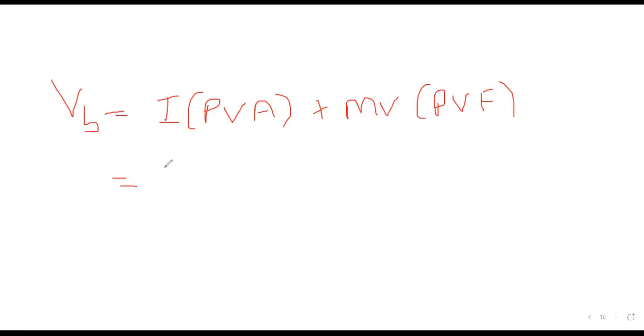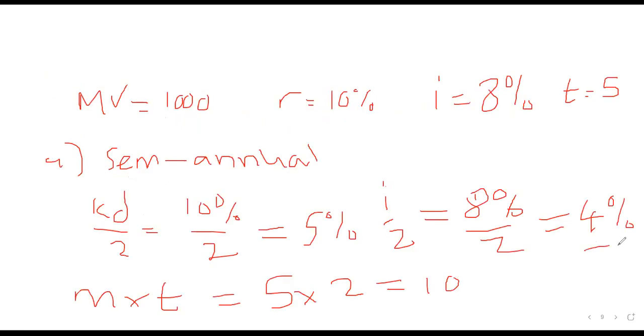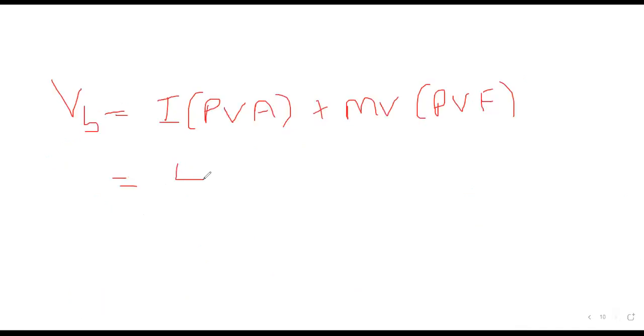So here we have our value, which is the 4% times 1,000. What are we getting? 40. Here our 1,000 remains.